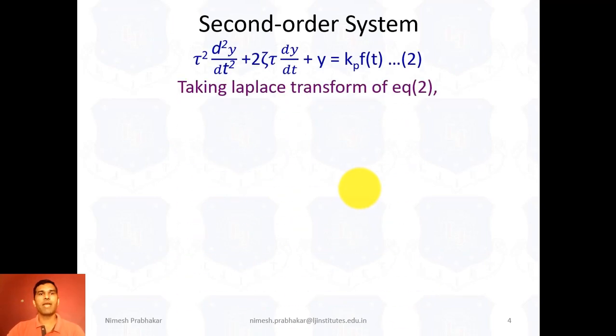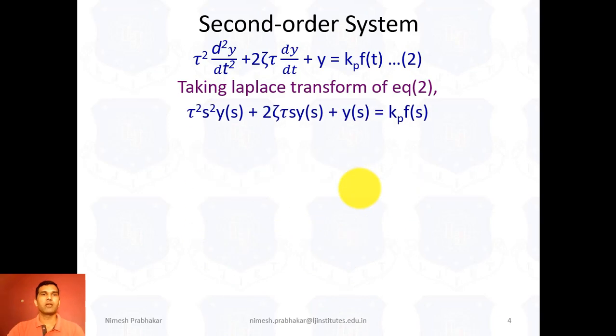Now we take the Laplace of this equation. So we can write tau square, and the Laplace of the second order derivative is s square into y of s. 2 zeta tau is the same, and the Laplace of the first order derivative is s into y of s, plus y of s is equal to Kp into f of s.